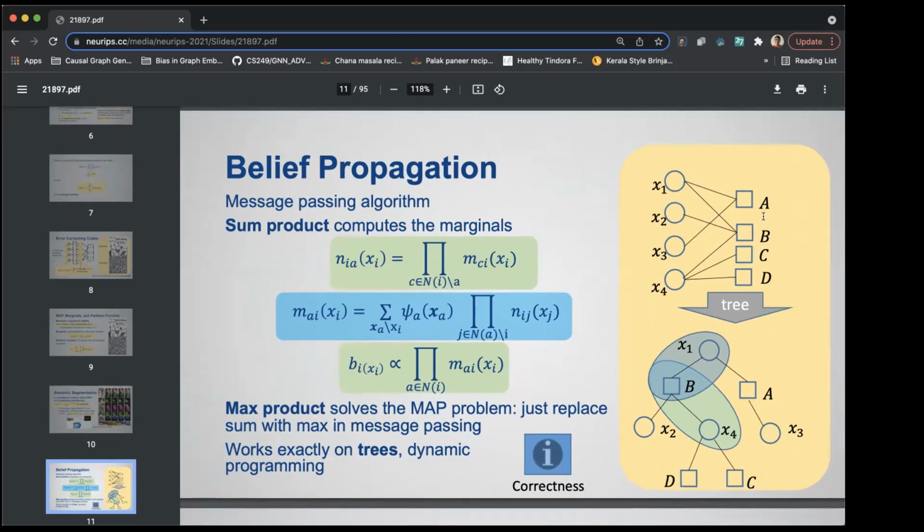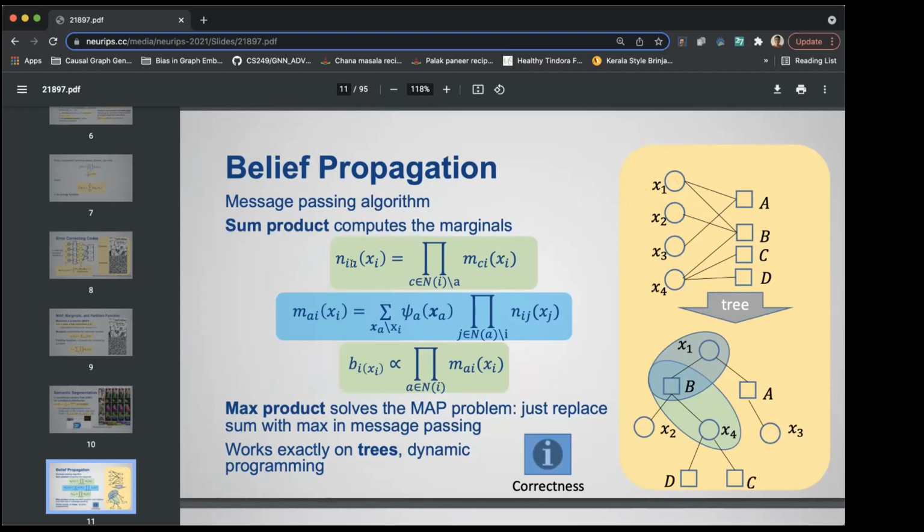They're both going to be receiving messages and then sending messages to other variables. All the n's represent the messages that a random variable is going to send to a factor, and the messages m are the messages that a factor is going to send to a random variable.